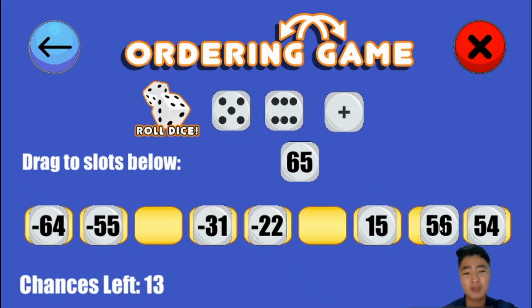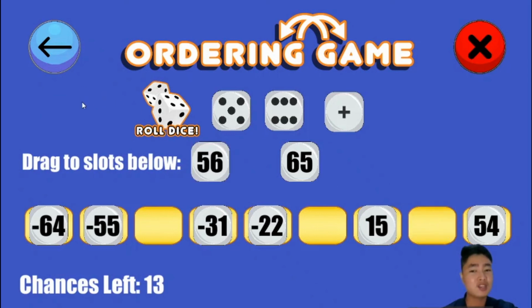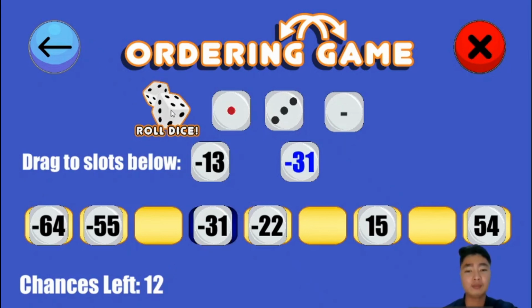We know that this is wrong because 56 is higher than 54, and this must go on the right side of 54, but we don't have any spot, so let me try to place it here, and the game will say it's incorrect. If you see that particular scenario, all you have to do is to roll this die. Remember that we only have 13 rows left. So let me go ahead and roll.